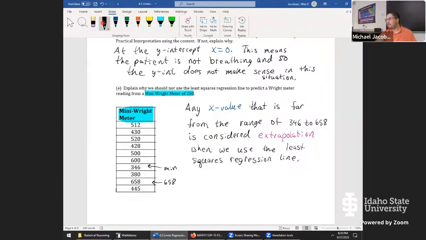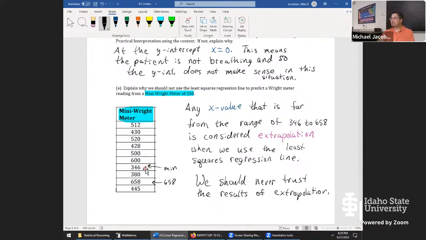So here we can say any X value that's far out is considered extrapolation when we use the least squares regression line. And we should never trust the results of extrapolation, especially when it's quite severe, like in this case. 250 was well under the 346 minimum.